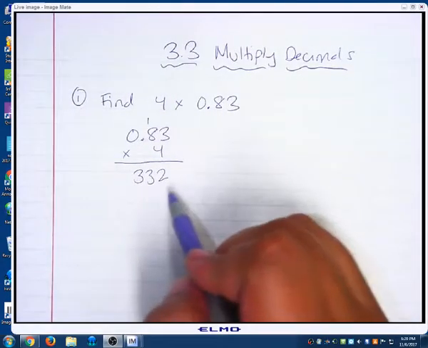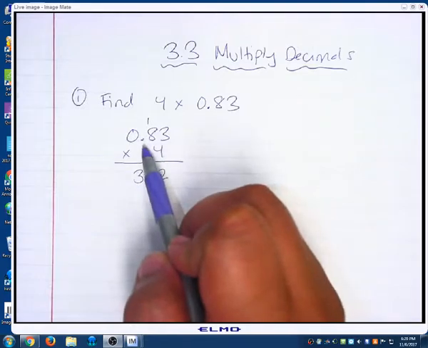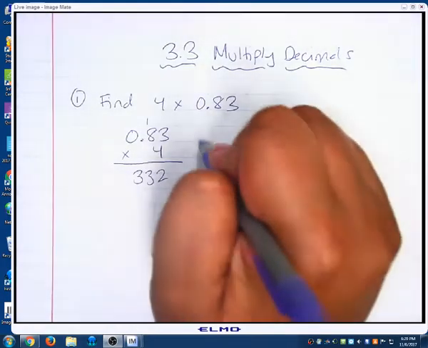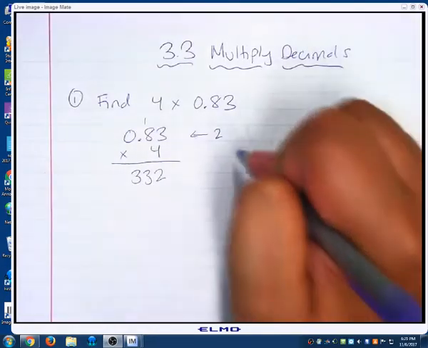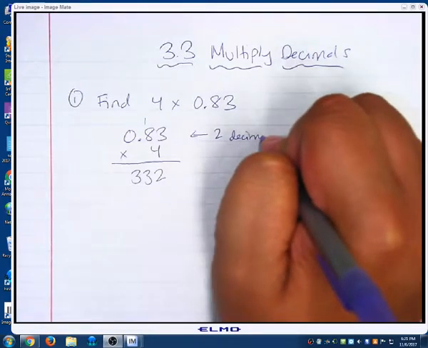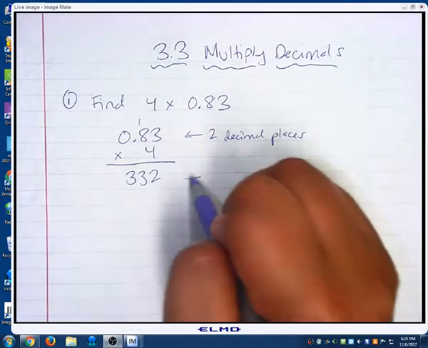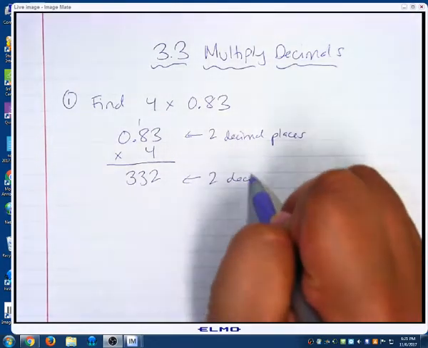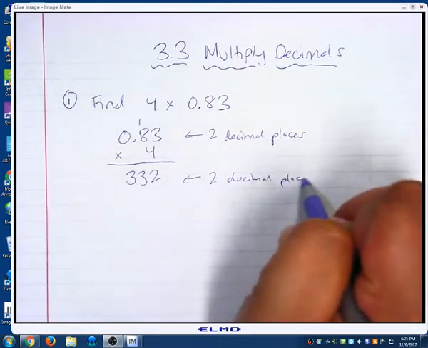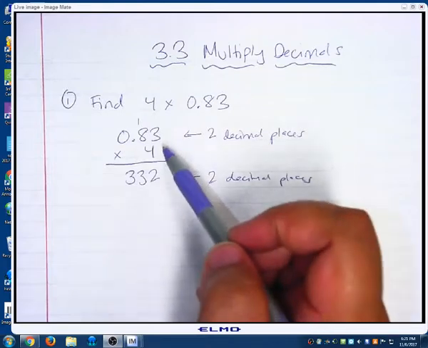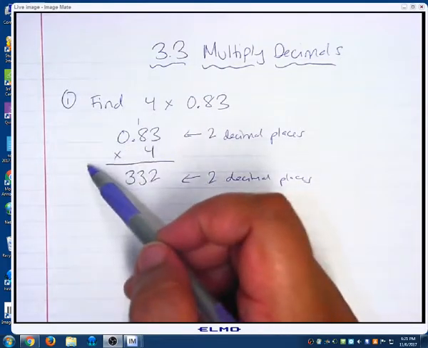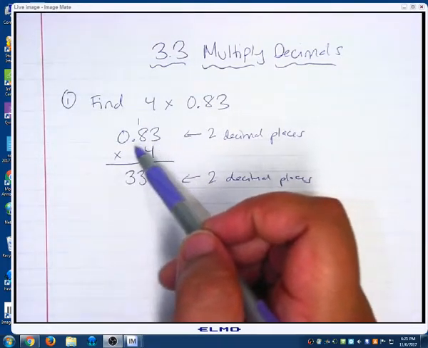This is not my final answer because I had a decimal point here. So since there's 2 decimal places here, there should be 2 decimal places here. And when I say 2 decimal places, I mean going this way from the right to the left.